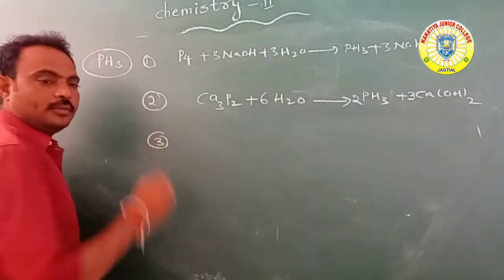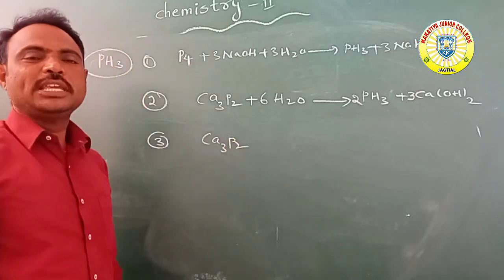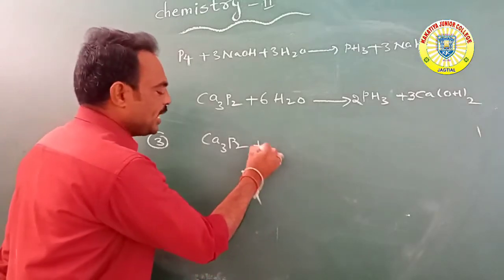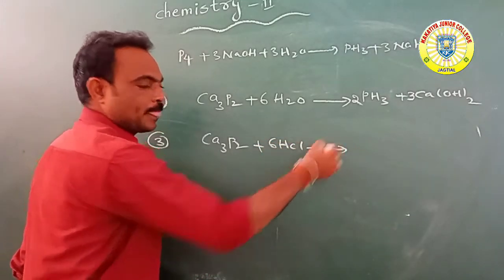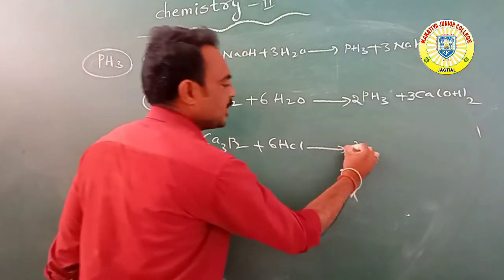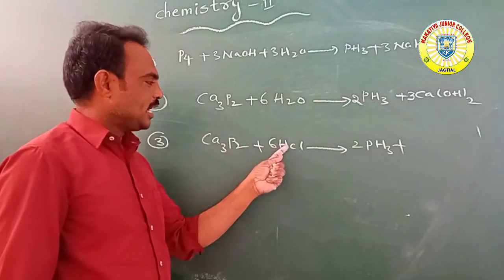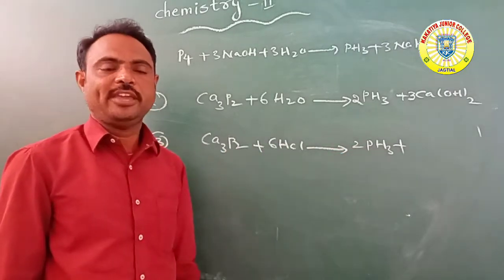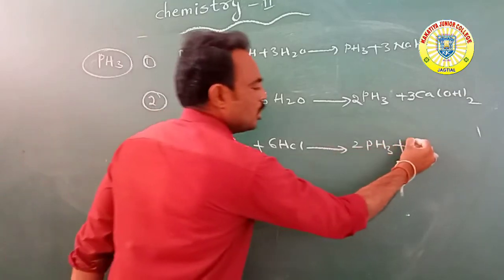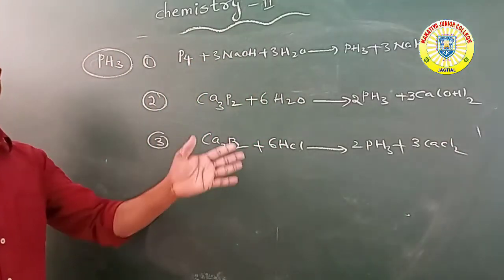Next, the third one is Ca3P2. Ca3P2 means calcium phosphide. This calcium phosphide reacts with HCl, hydrochloric acid, to form in this reaction 2PH3, phosphine, and CaCl2, calcium chloride.